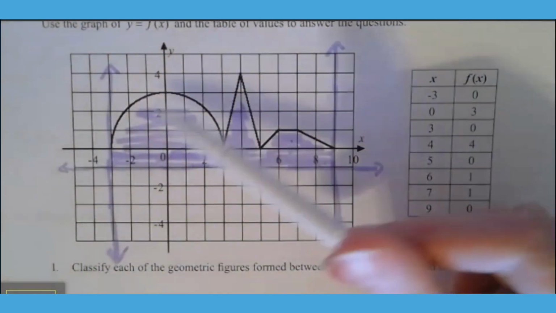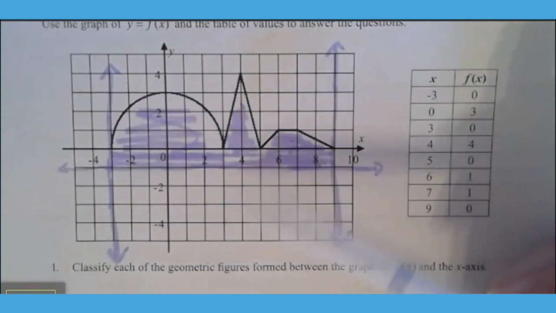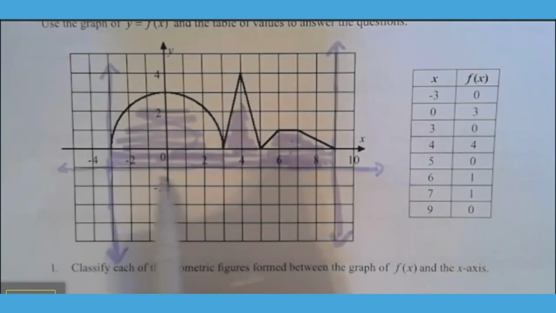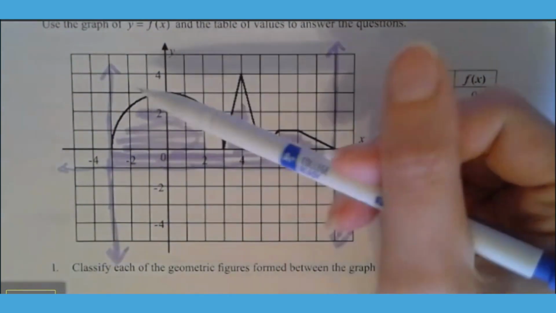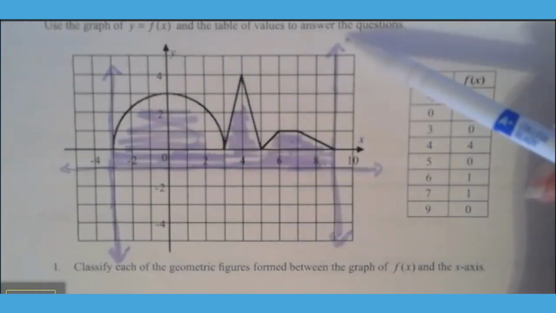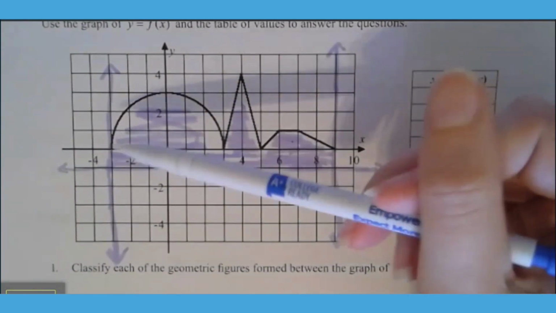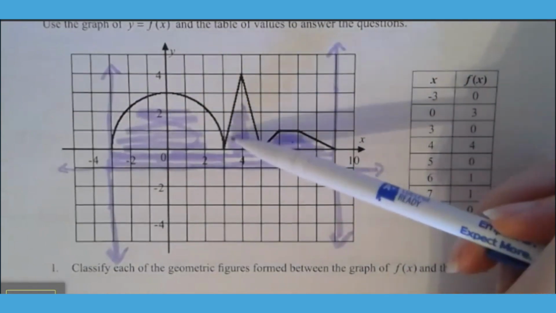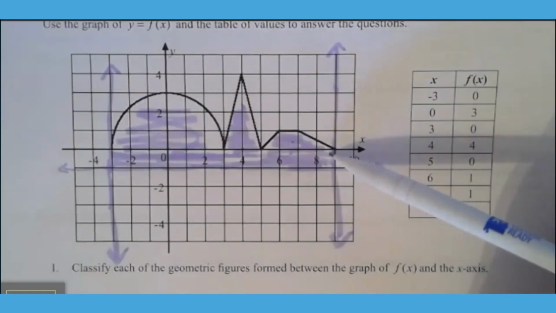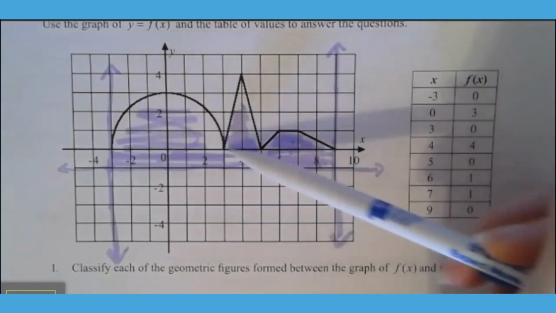We want to take a look at what that would actually look like. So if I'm looking at this graph, the lines that I'm now being bounded by are y equals -1, x equals -3, and x equals 9. So not only do I have the original area that we started with, but I also have this area down here on the bottom.